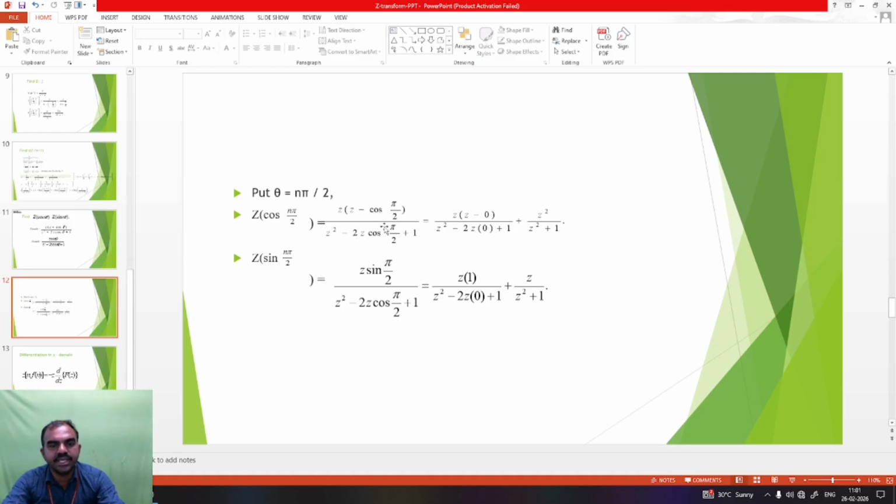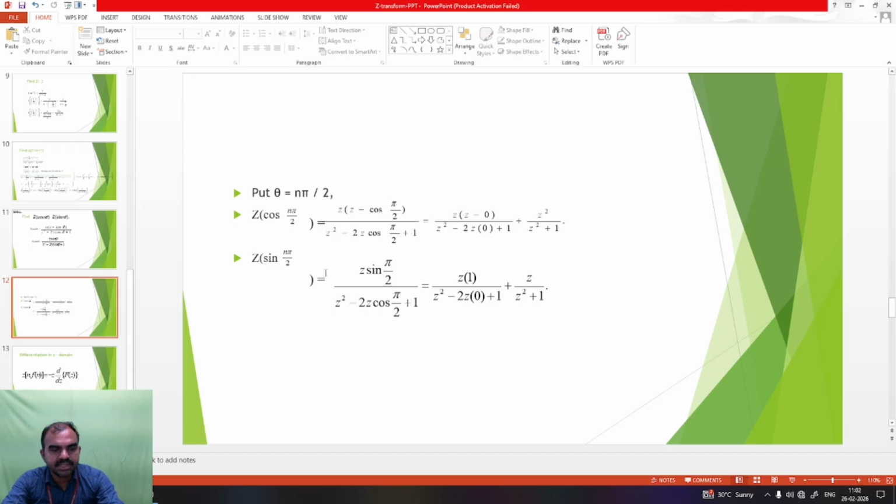But you know cos pi by 2 is cos 90 degrees, which is 0. So z into z minus 0 by z square minus 2z times 0 plus 1. So z minus 0 is z, and the denominator is z square plus 1. So Z of cos n pi by 2 is z square by z square plus 1.